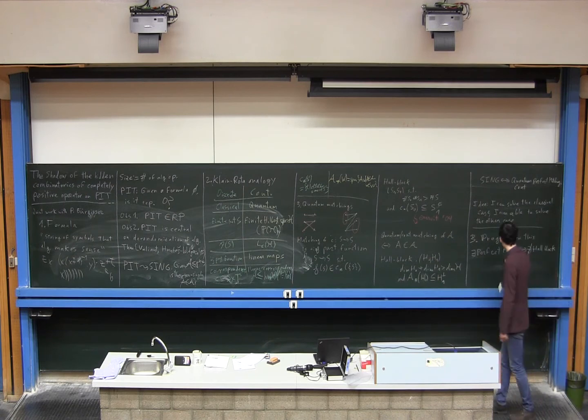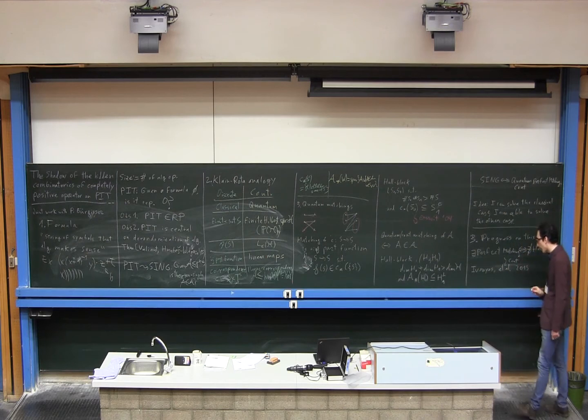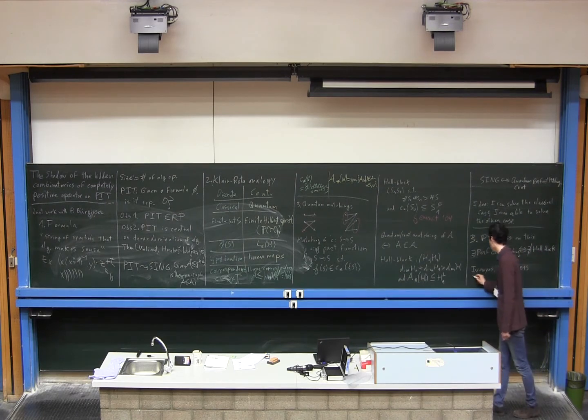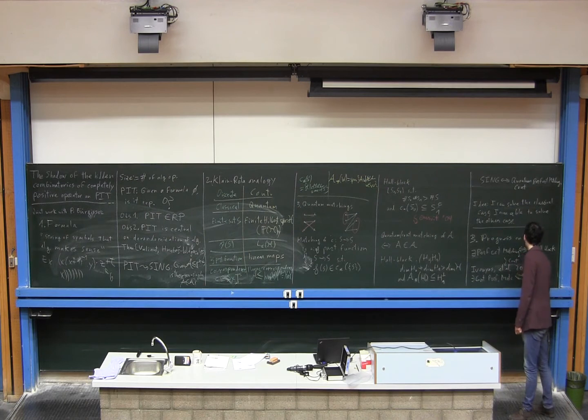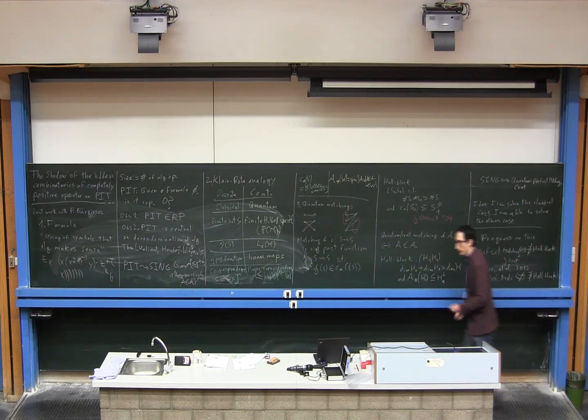The problem is that when you pass to the continuous case, and this was due to Ivanyos et al. in 2015, they realized that this is not true. There is a continuous perfect matching is not the same as there not being a corresponding hard block, and this is really problematic.